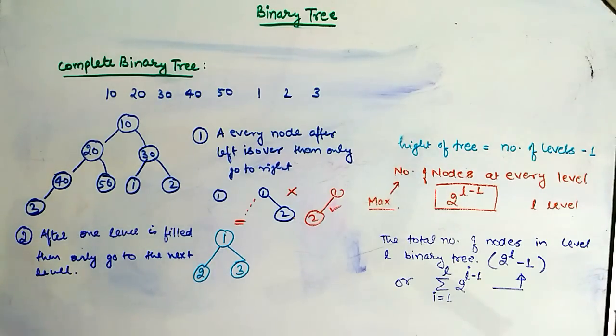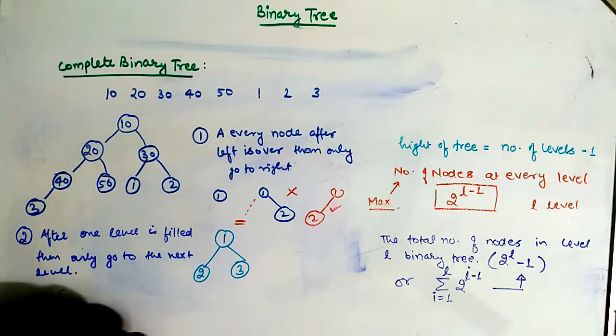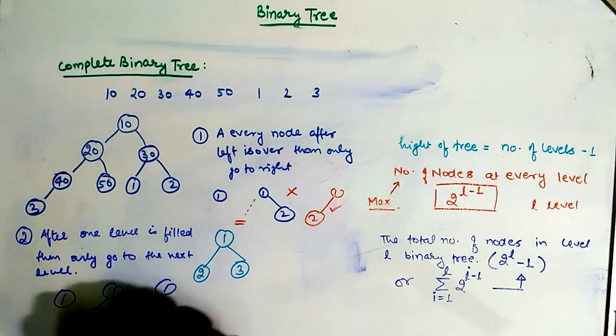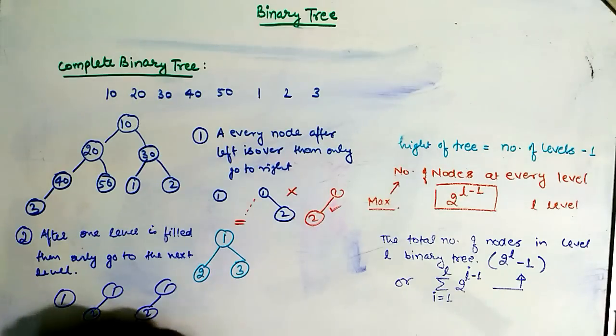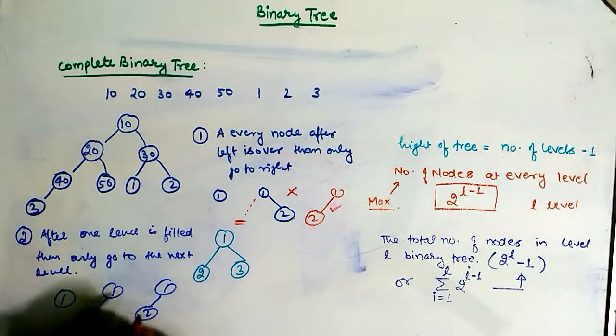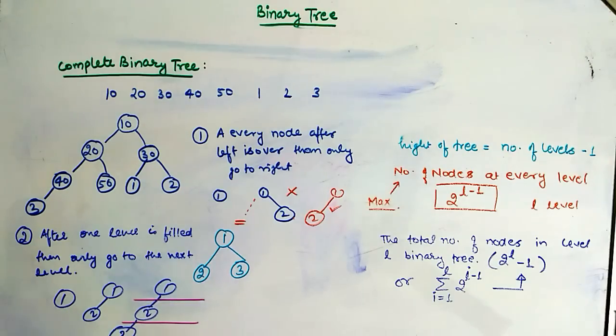Okay, so for example, this one is a complete binary tree, this one is also a complete binary tree. If I insert like this, it is not a complete binary tree because this level is not over yet and we go to the next level, so this is not a complete binary tree.